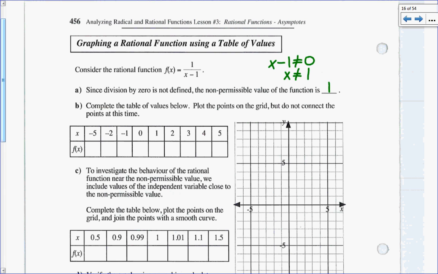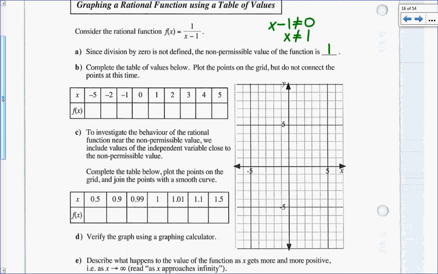Now, if we were to complete the table of values below and plot these points on the grid, but we're not going to connect the points yet, okay, let's see what we would get. If we plugged in for our x, -5, we'd have 1 over -5 minus 1, which is -6. So we've got 1 over -6, which is the same thing as -1/6.